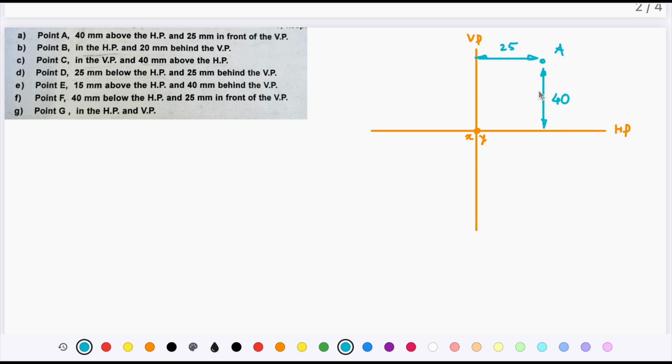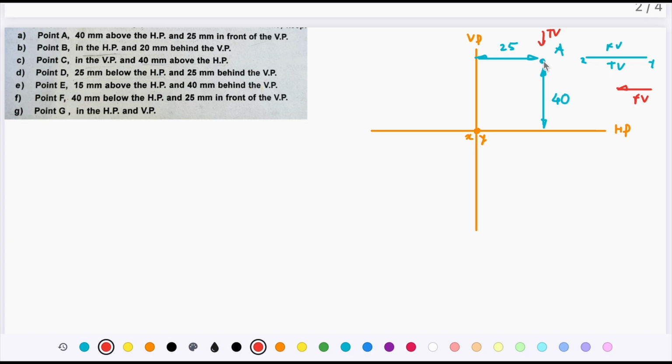Okay, now the object is located in first quadrant, so we know that the front view is going to appear above XY line, top view is going to appear below XY line. In this direction look for the front view, and in this direction top view.